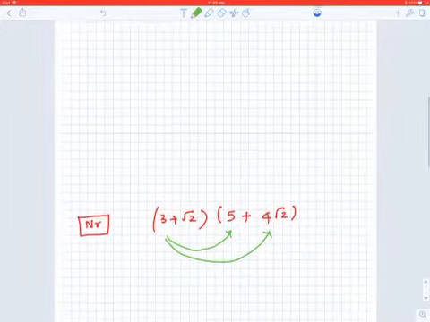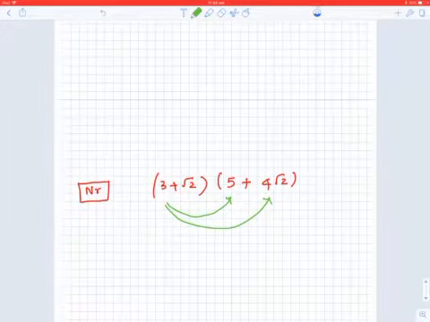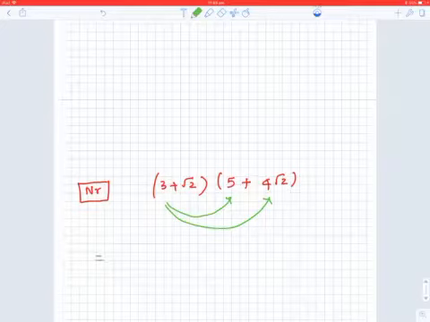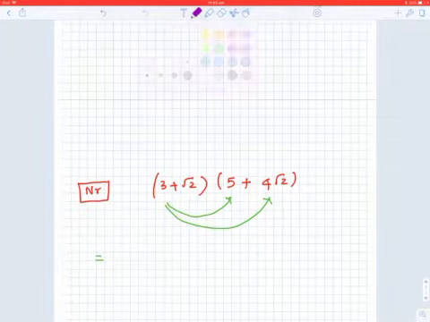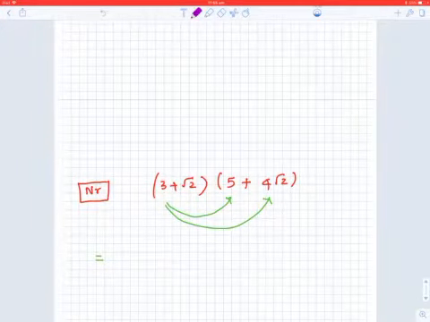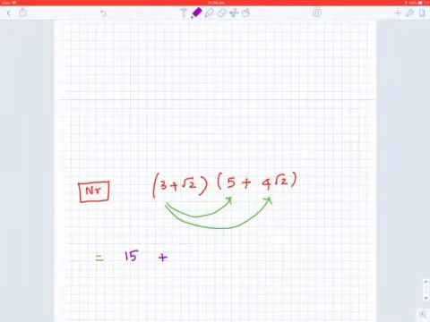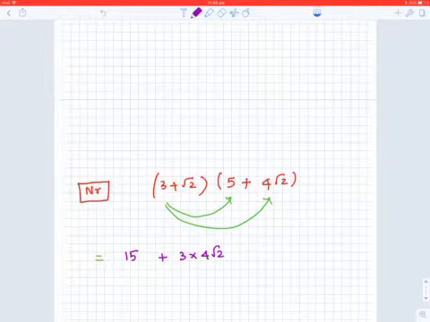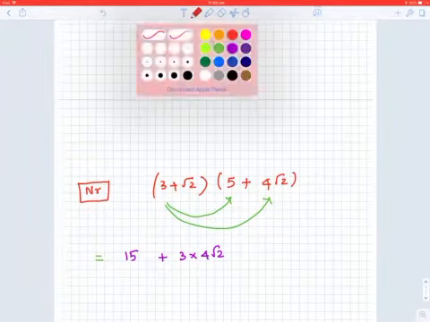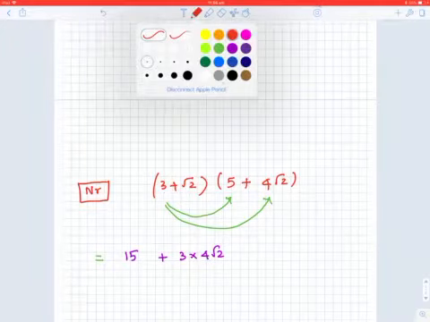So when I expand, first I expand 3 by this, 3 by that, and next I will be doing that. First I do this first. So that's going to be 3 times 5, 15, plus 3 times 4 root 2. I write one more line so that you don't get mixed up.